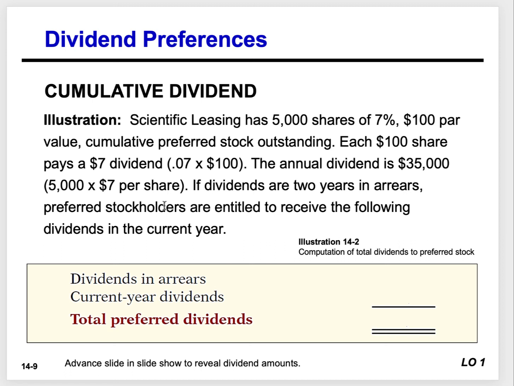Year 2, we should have gotten $35,000. And year 3, which is the current year, we are entitled to $35,000. If we add those up, taking $35,000 times 3 years, we get $105,000. That's the total preferred dividend.